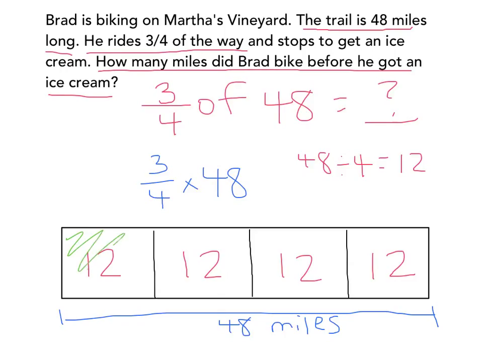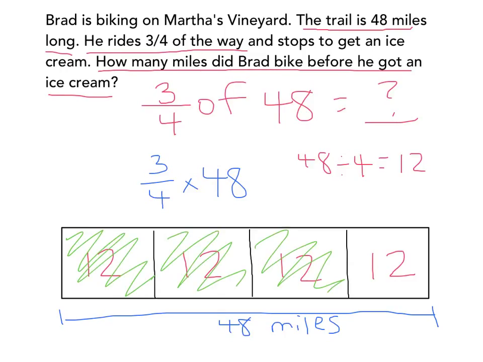So Brad is biking 3 of these fourths, which is 12 plus 12 plus 12, or another way of thinking about that is 12 times 3 equals 36. So Brad is biking 36 miles before he stops to get an ice cream.